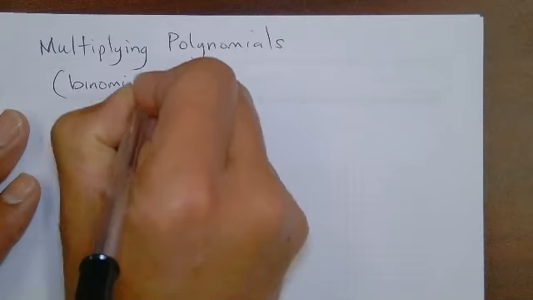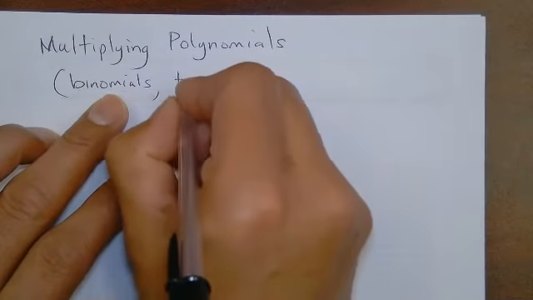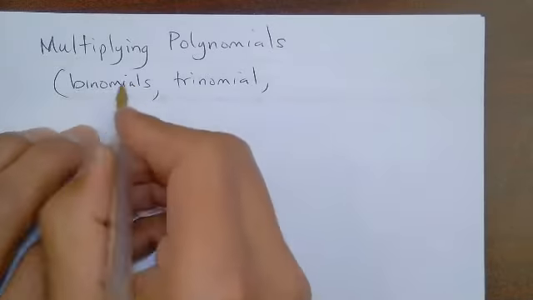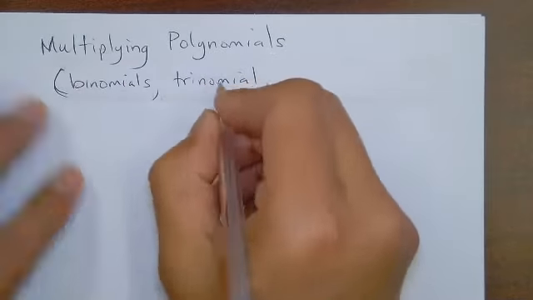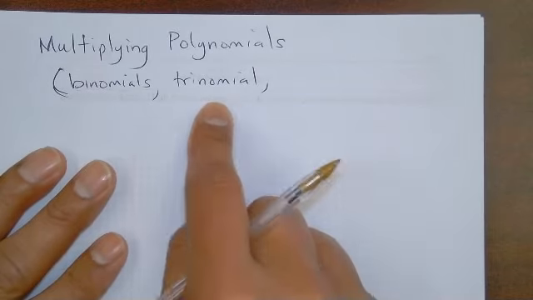I mean, it can be a combination of any two. A binomial with a trinomial. Right? A binomial has two terms. A trinomial has three terms.